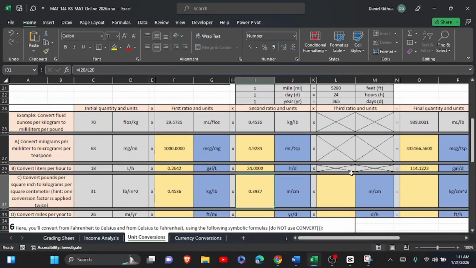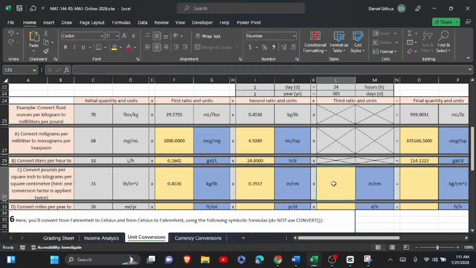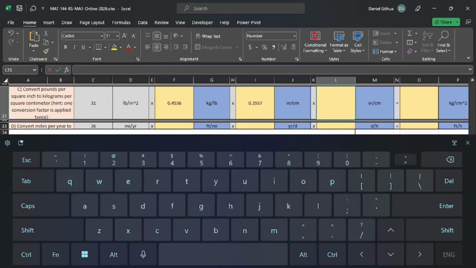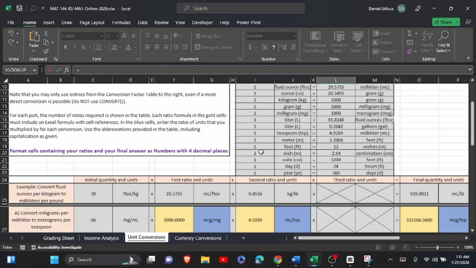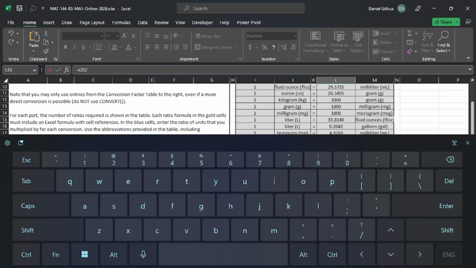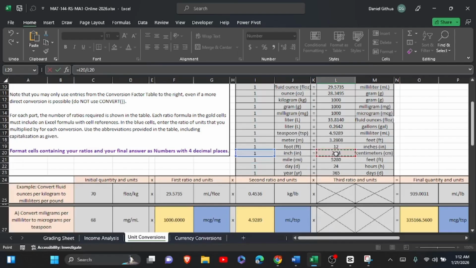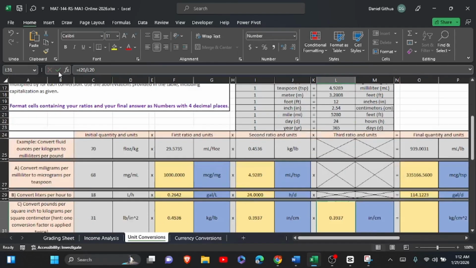Okay, and then the next part is the same conversion. We just say is equals to inches, which is here, and you are dividing it by the 2.54 centimeter.